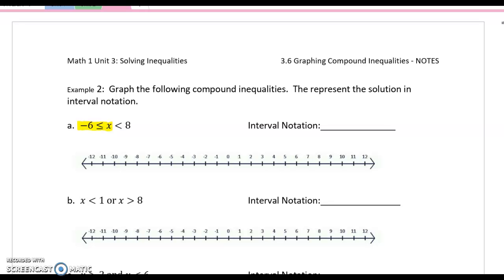We talked about before, when there is an or equal to option, that means on the number line we're going to be using a closed circle, so putting a closed circle on -6. If we look at the right half of the compound inequality, we have x is less than 8. Because we don't have the or equal to option, on 8 we're going to put an open circle.